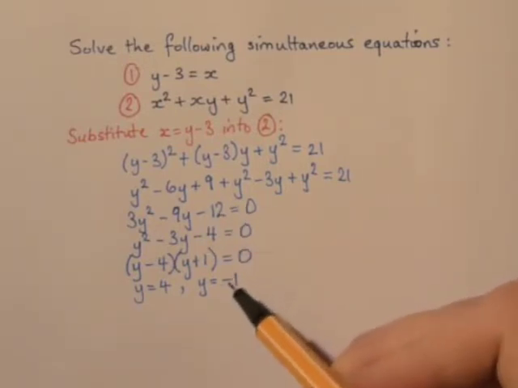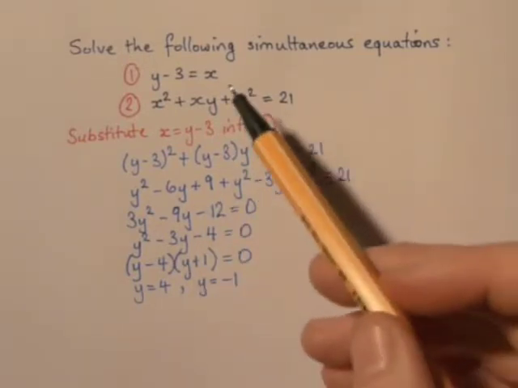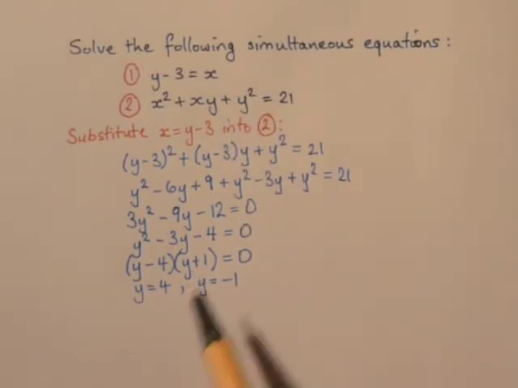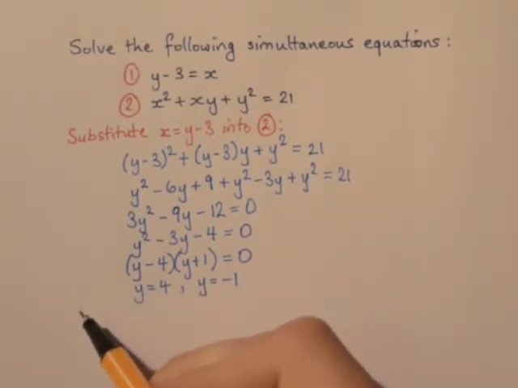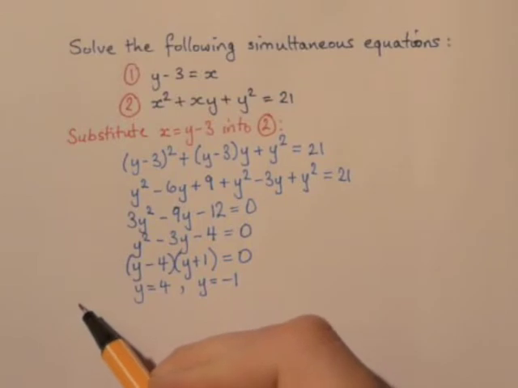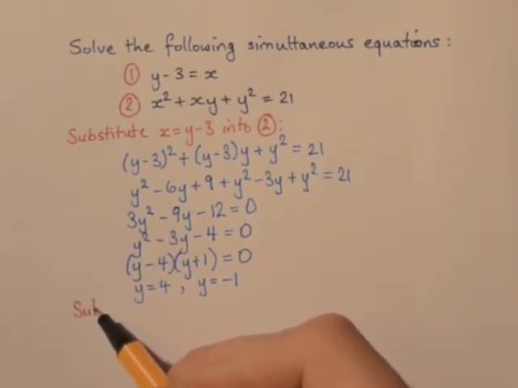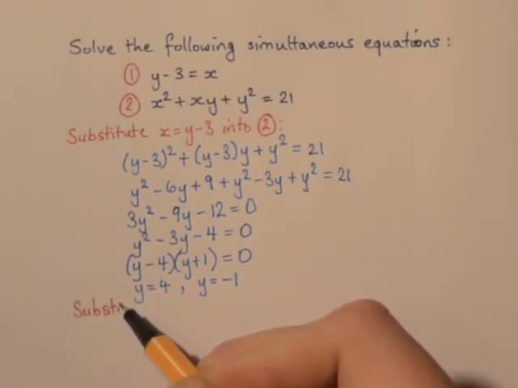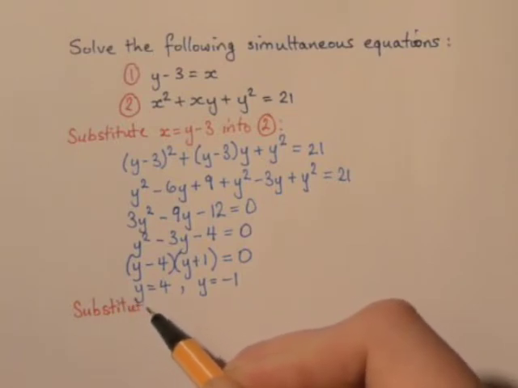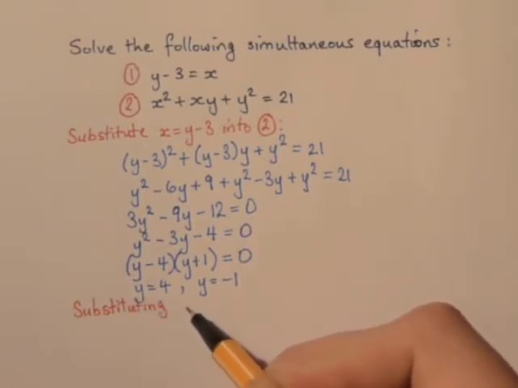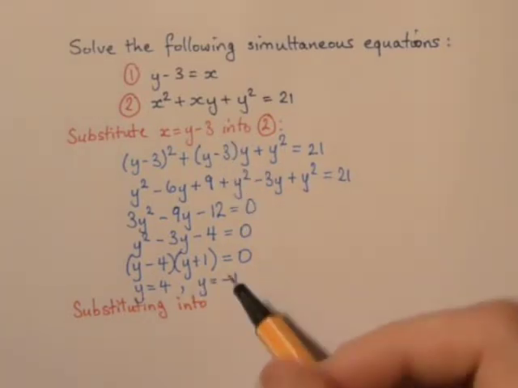Right, so we've now got two y values which are the first part of our solution to the simultaneous equations. The next thing to do is to get the corresponding x values, which we're going to get by substituting into the first equation.